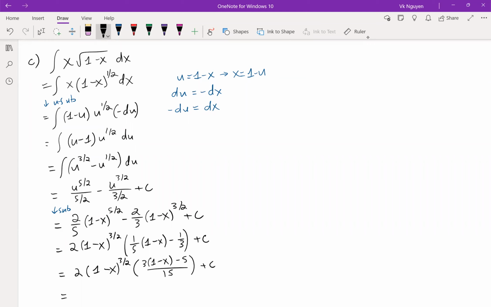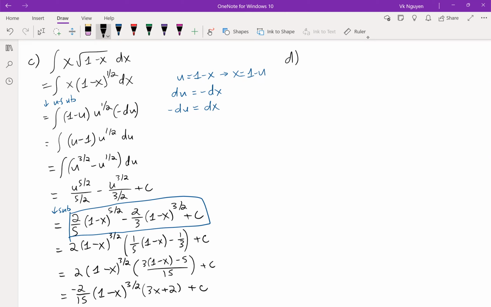Factor out the 1 over 15 and distribute the 3, then we don't want a negative 3x though. So factor out the negative 1 over 15, then we have negative 2 over 15, (1 minus x) to the 3 over 2, times (3x plus 2), plus c. Yay! Let's do another example.